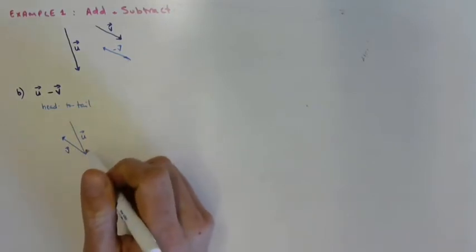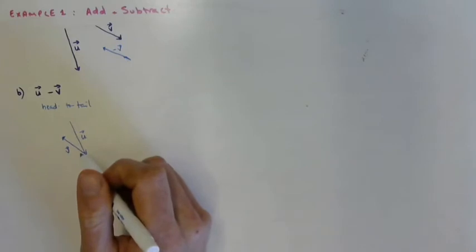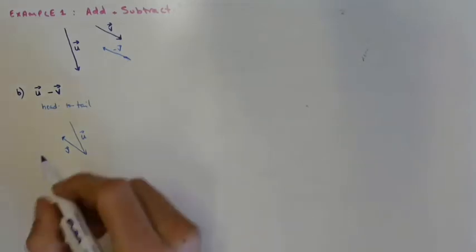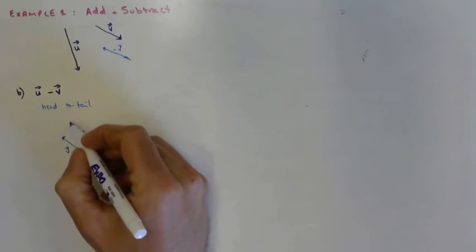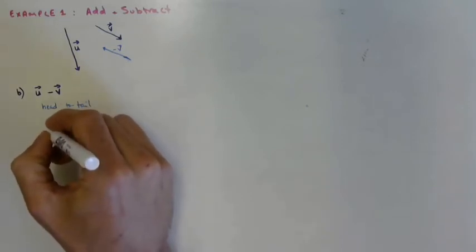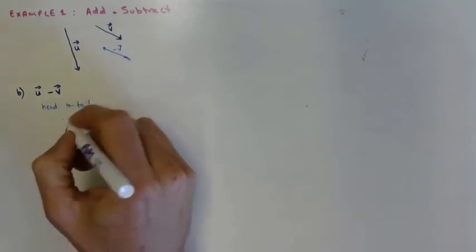Now that I have this, I can do it two ways. I can use the triangle method or the parallelogram method. And either way, what I end up with is a resultant vector from the tail of u to the head of v, and that is u, and I'm going to write it two different ways.